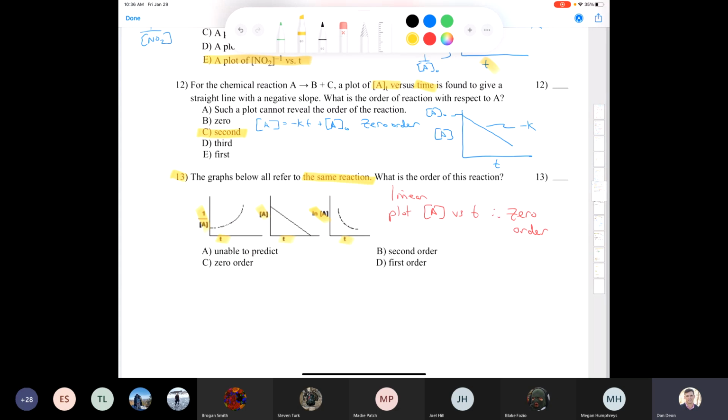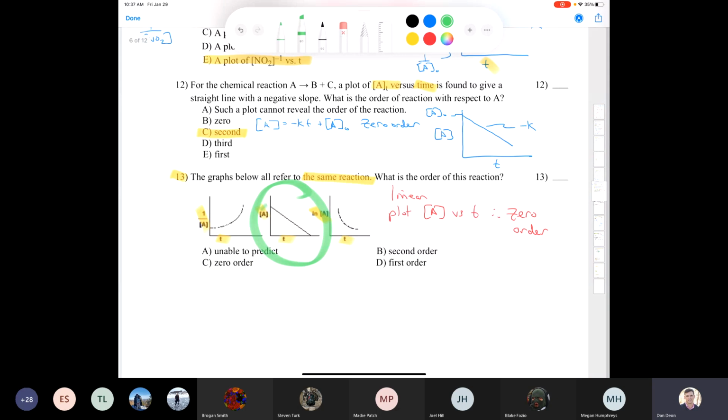But the only plot that's really going to be helpful for you to determine K is the one that gives you a linear slope, because it gives you negative K. This one and this one didn't help you with K. All right, so we're looking for a linear plot.